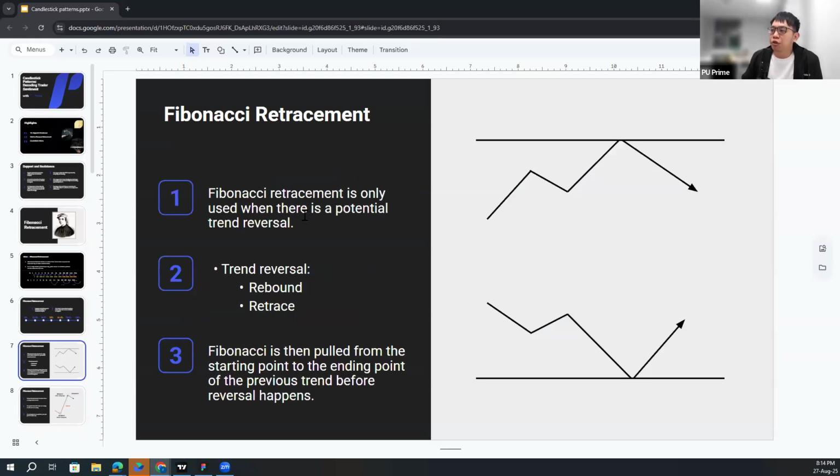Okay, this picture depicts briefly how we use it. Like I said, whether it is an uptrend or a downtrend, it will always touch one point and trigger a technical retracement. How you use it is you pull from the starting point to the end point, the whole swing.